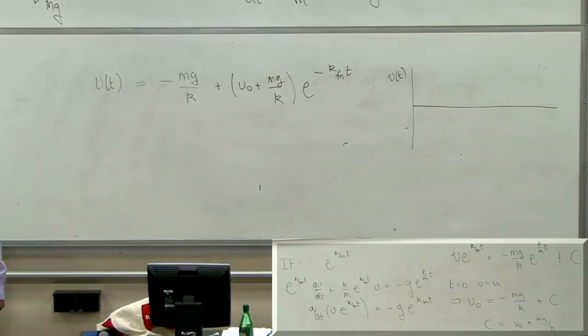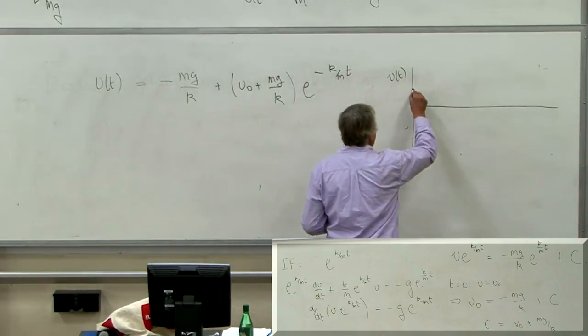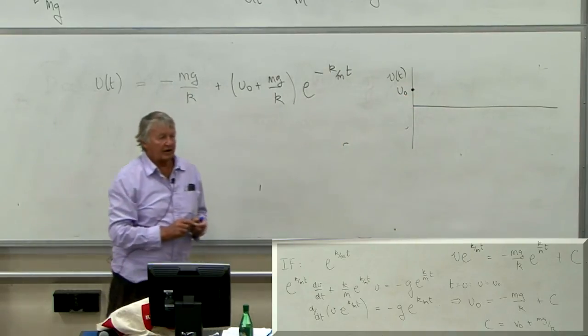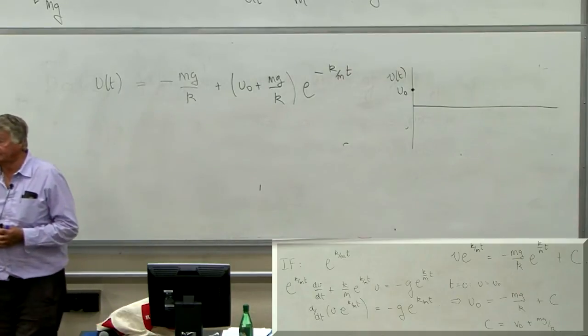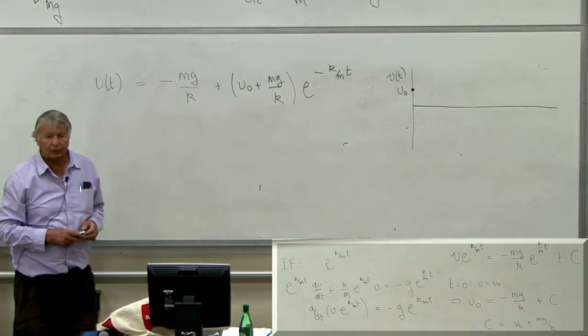Do you want to throw the ball up first or down? Will I take the v0 positive or negative? Positive. Okay, we threw it up in the air first. So we started here, v0. After a long time, where do I end up?